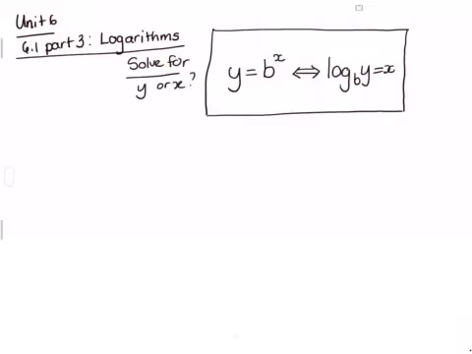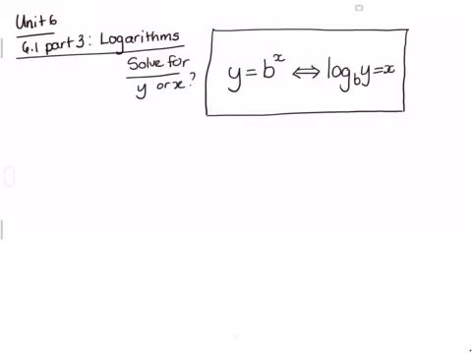But if I have the values of y and b, and I want to find the value of x, then I've got a problem with the x being up in the air there. So I've got to bring it down to the ground.